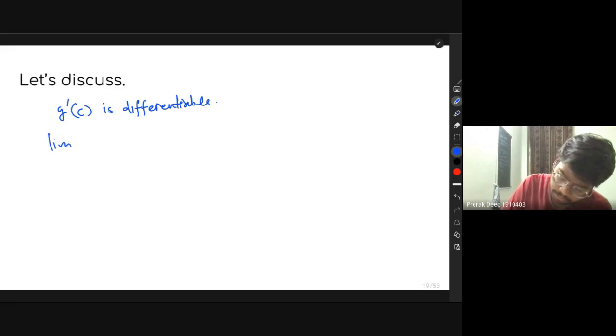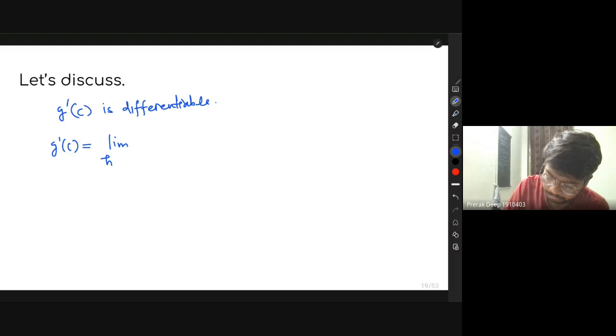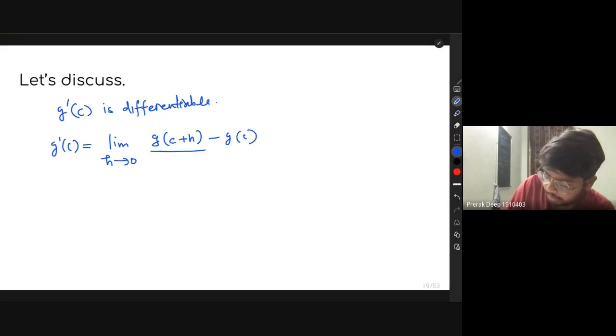That means the limit as h tending to 0 of g of c plus h minus g of c, divided by h, exists.